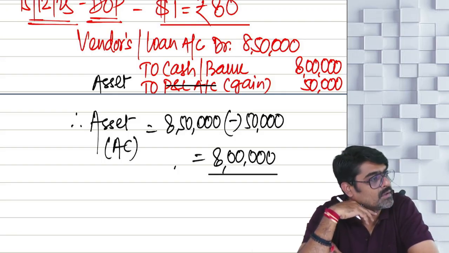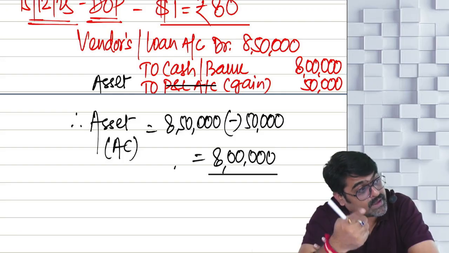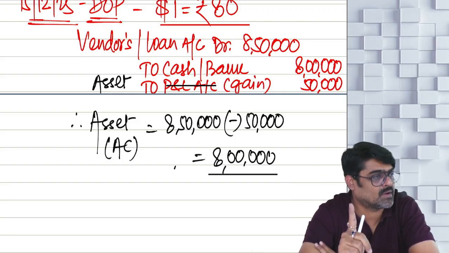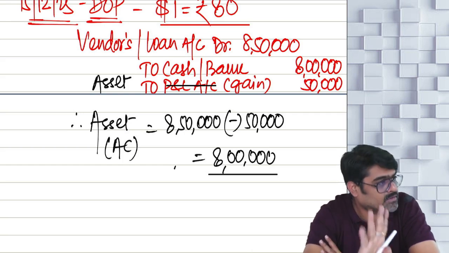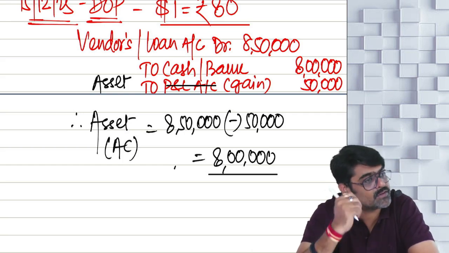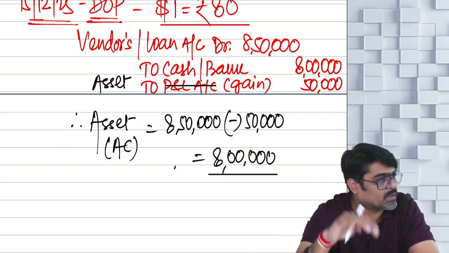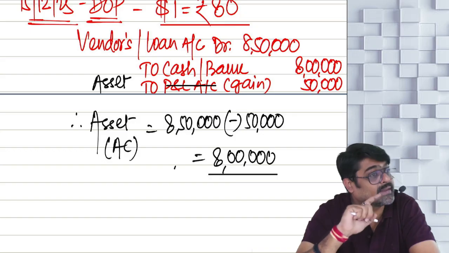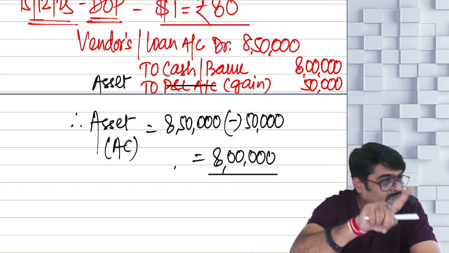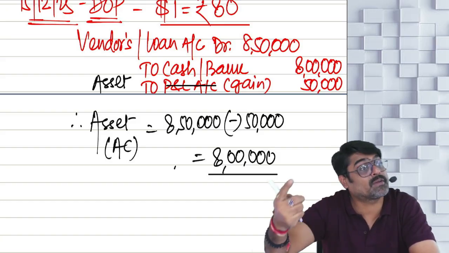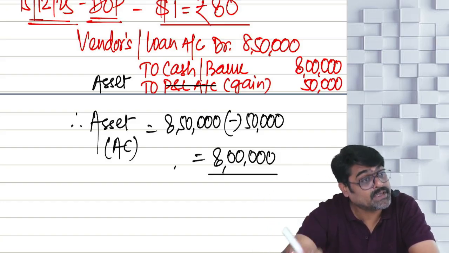At the time of making that payment, if any foreign currency gain or loss is arising, that has to be adjusted out of the cost of the asset. Either it will increase the cost of the asset if it was a loss, and if it was a gain, it is going to reduce the cost of your asset. And that reduced or increased cost of asset will only be considered as the actual cost of the asset for the purpose of PGBP head.